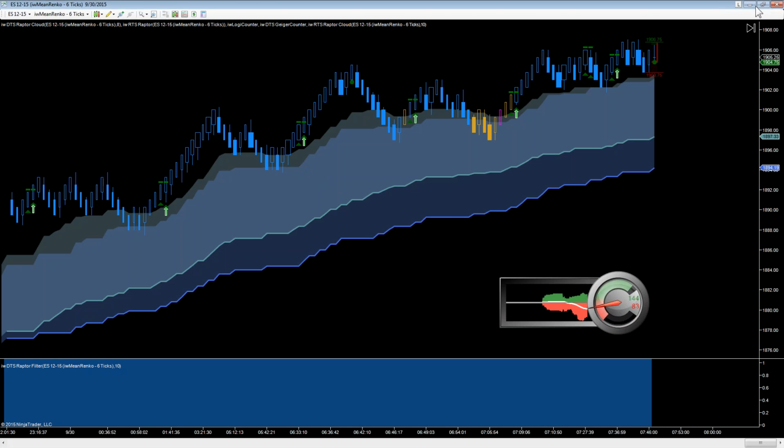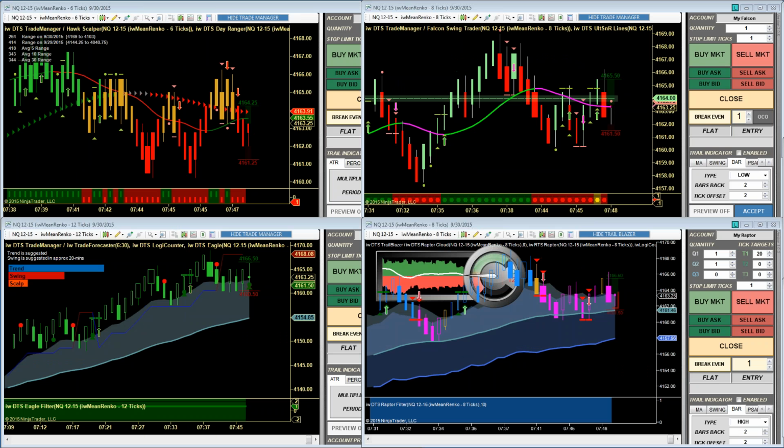So there's your E-mini on the Raptor. Not as much to look at as I thought there would be.